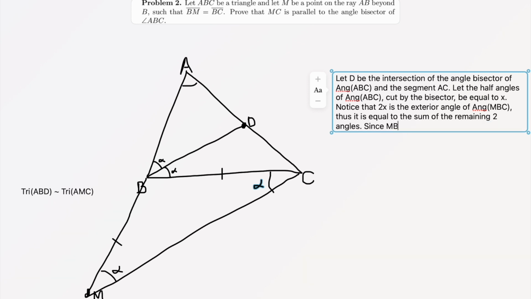Since MB and BC, these segments, are equal, so then, as we know, their corresponding angles are equal.